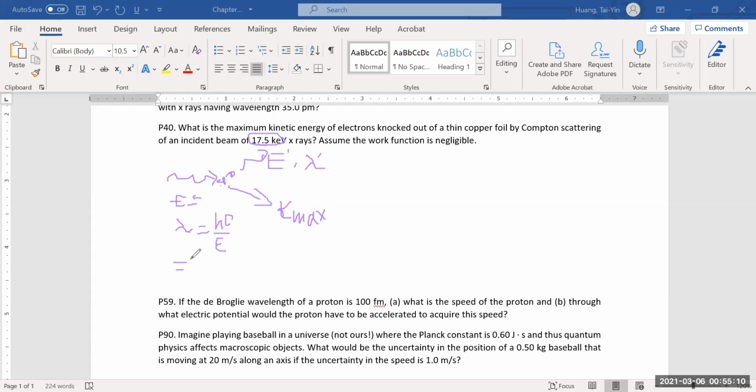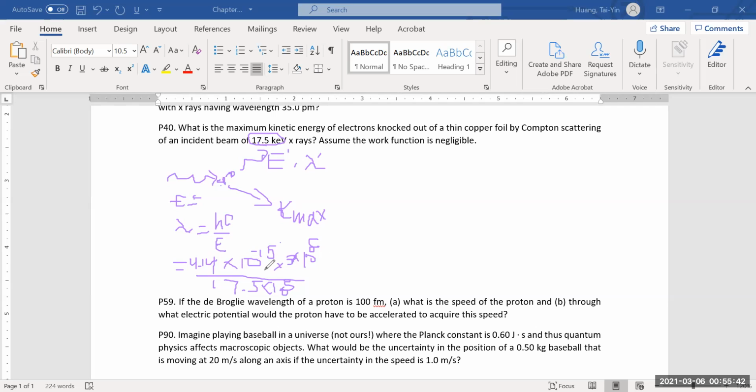My h, I will use this value 4.14 times 10 to the negative 15, times the speed of light, 3 times 10 to the 8th, divided by 17.5, and it is in keV, so remember to multiply by 1,000. Because this is in eV and that is in eV, the eV just cancel.